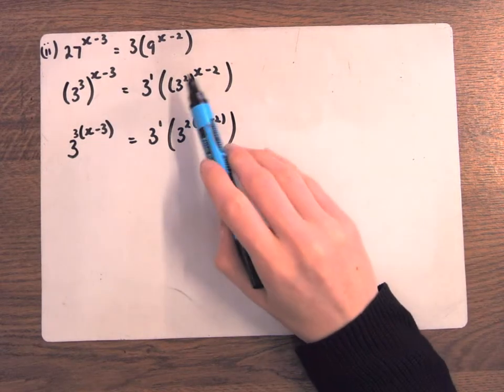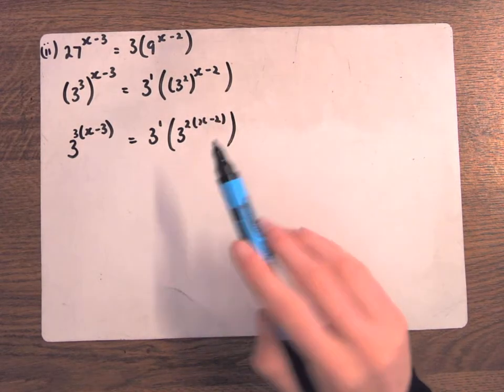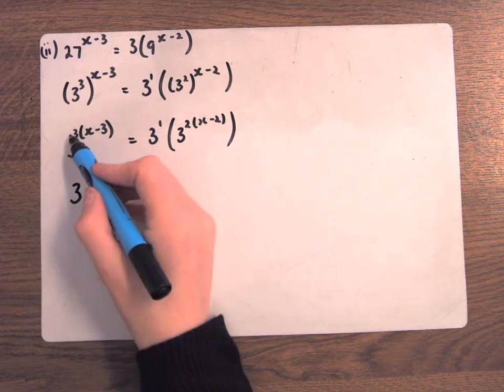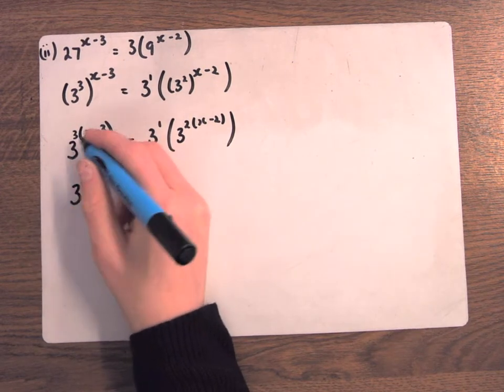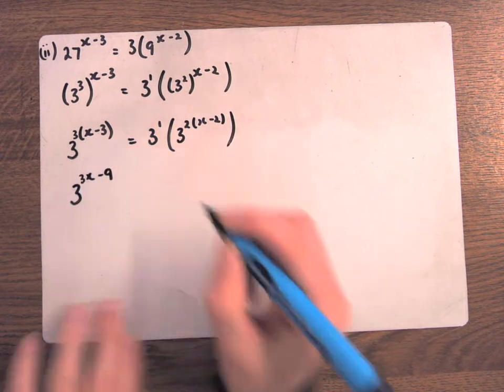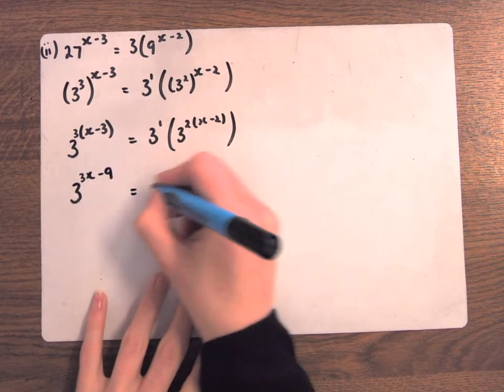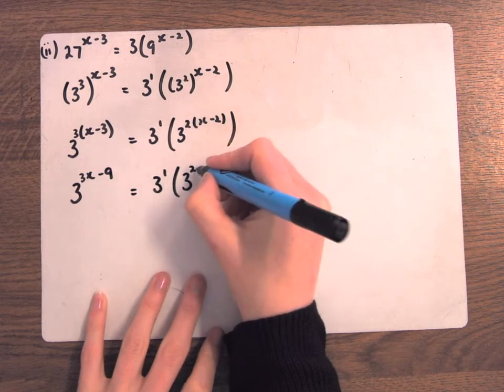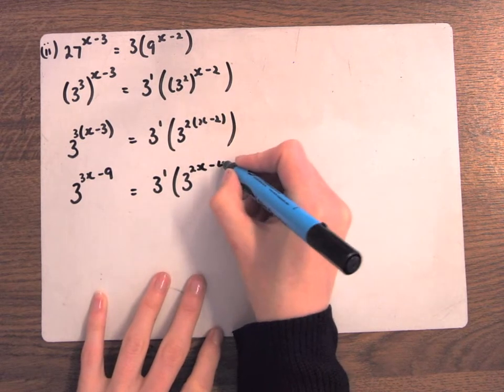So all I'm doing here is multiplying the 2 by the x minus 2. So I get 3 by x is 3x, 3 by 3 minus 9, equals 2 by x, 2x, 2 by minus 2 minus 4.